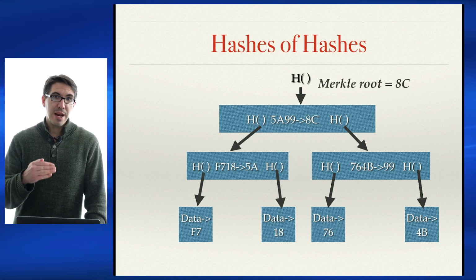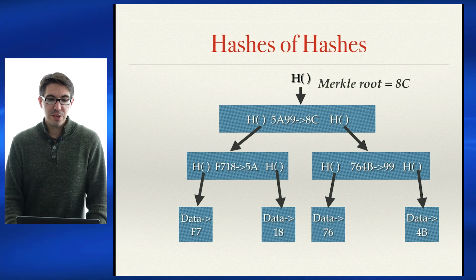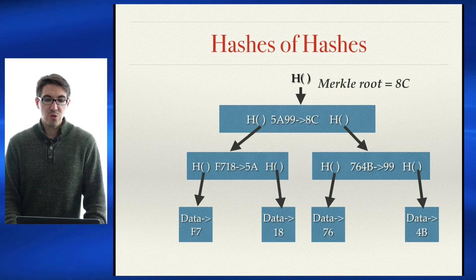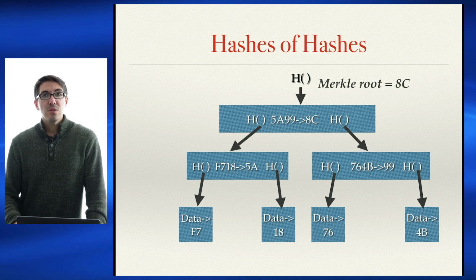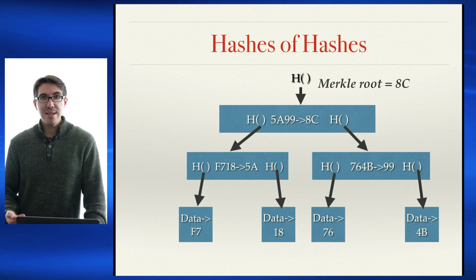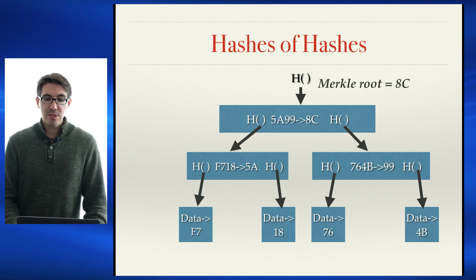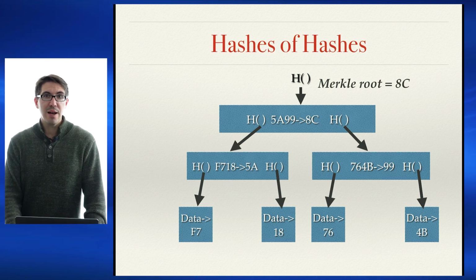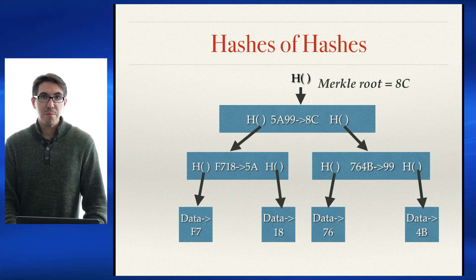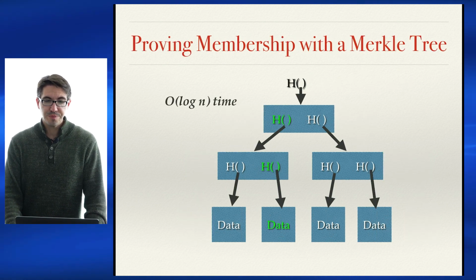I continue propagating up the tree until I get to the Merkle root, which has 8C. So now, just like with a linked list, if any data has been modified anywhere in this tree, I can simply look at the Merkle root and determine whether or not data has been modified or not. I can make sure that the Merkle tree is valid.